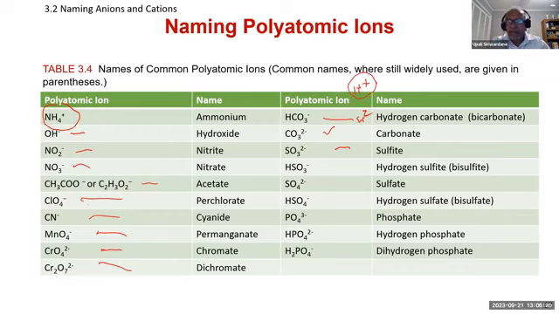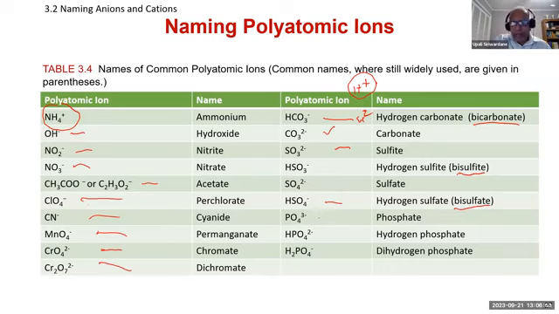Common names for these are given in parentheses: bicarbonate, bisulfite, bisulfate. Bisulfate is HSO4 minus; hydrogen sulfate is the systematic name, and the common name is bisulfate. Sometimes we use systematic names or common names. Mostly we use systematic names.